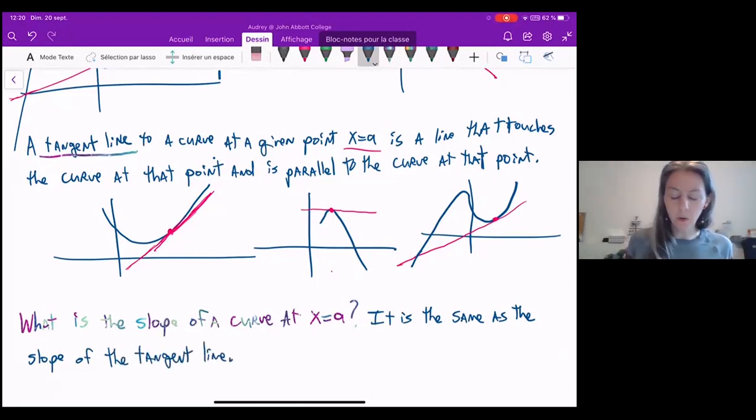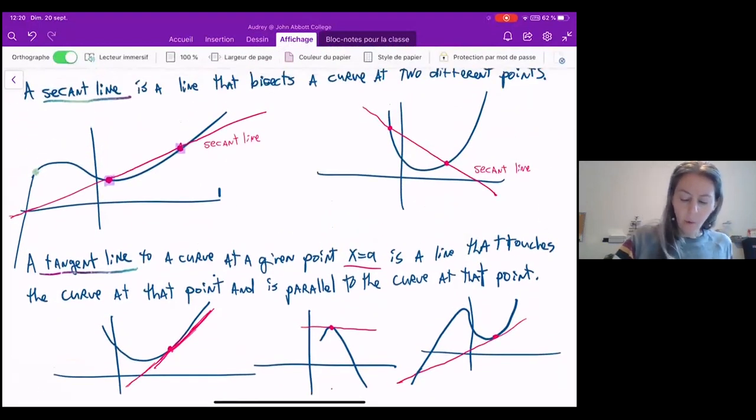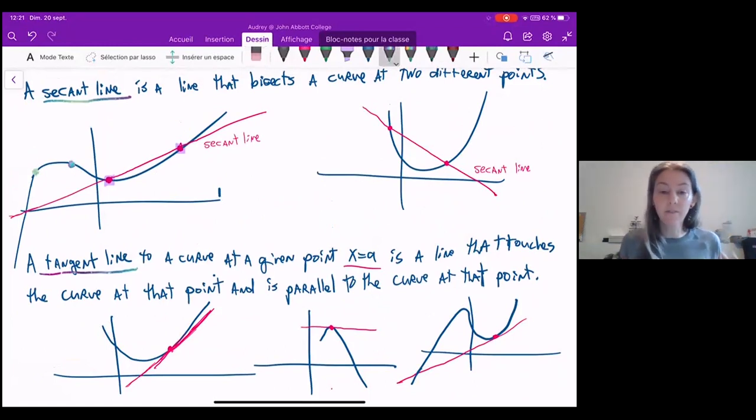It's also important to notice that here I've said, what if I want the slope of the curve right there? Well, if I were to ask you for some other value, like maybe right here at this other point that I'm drawing, that second point at the top left of the curve, it's going to have a different slope.